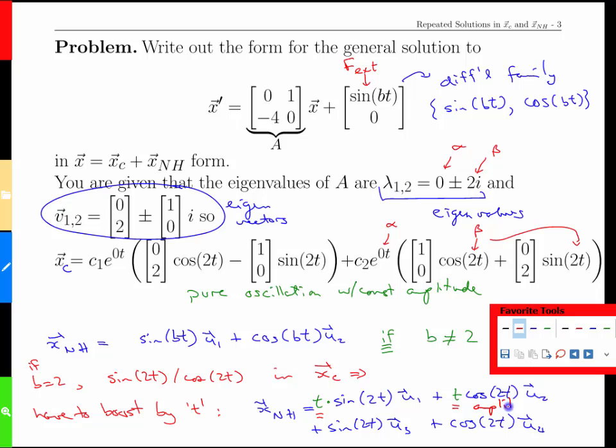It's going to cause us to have amplitudes that grow linearly over time as soon as we have that overlap between the non-homogeneous part and the natural solutions or the corresponding homogeneous solutions here. So all the same themes we've seen with resonance come in here with systems as well.